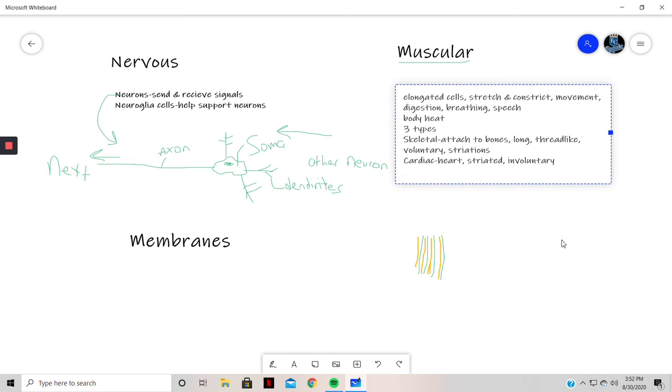And our last type, smooth. Okay, so again, we're going involuntary. When you want to think about smooth muscle tissue, it's anything that you don't control. Any of those body processes. So like breathing, your lungs just working on their own.